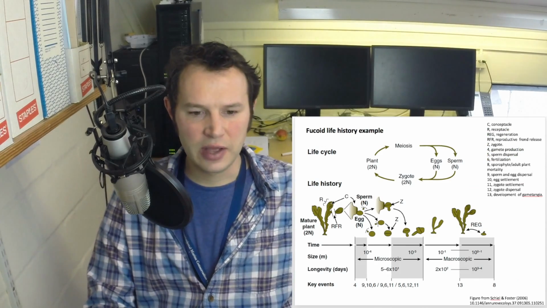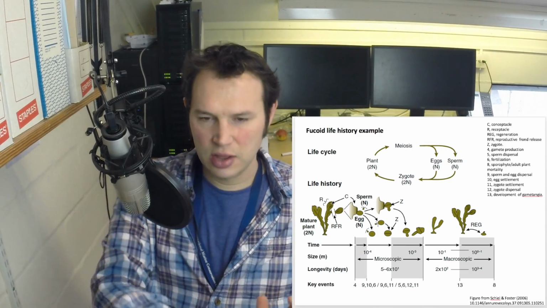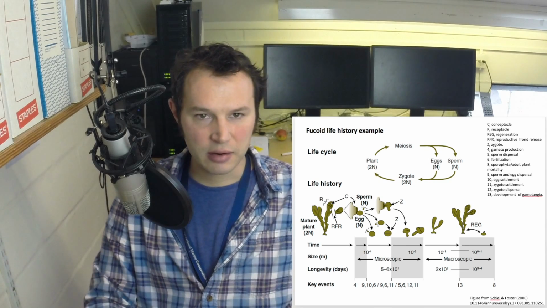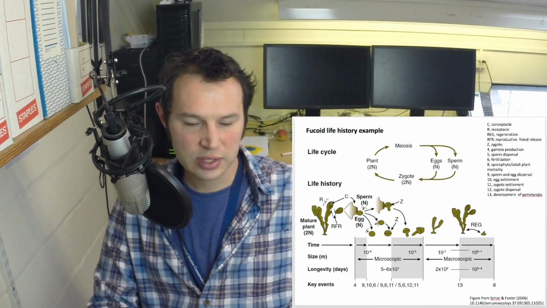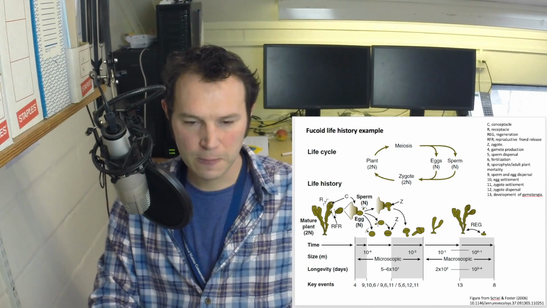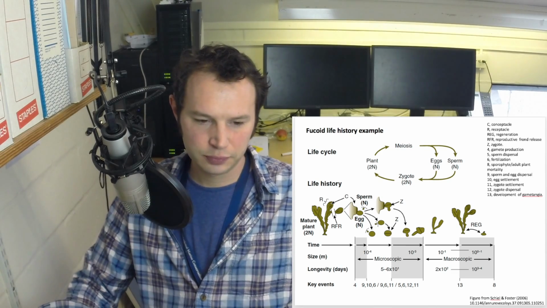Recall the Fucus life history, containing a main structure circling around an adult alga, producing eggs and sperm, forming a zygote, propagule, germling, turning into an adult. Okay? Macroscopic versus microscopic levels.